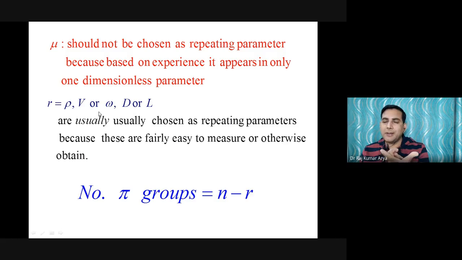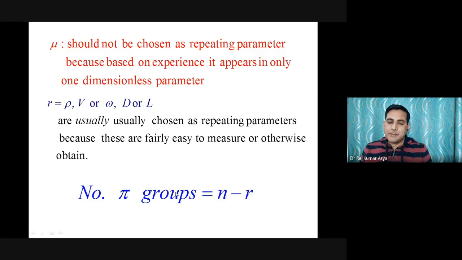The repeating parameters would be density, velocity or angular velocity, and D or L. You cannot have both D and L; either D or L. The same for angular velocity or velocity. Either of them.